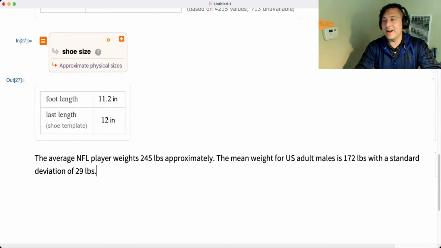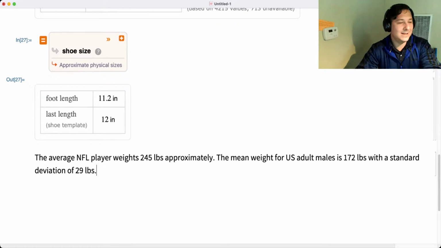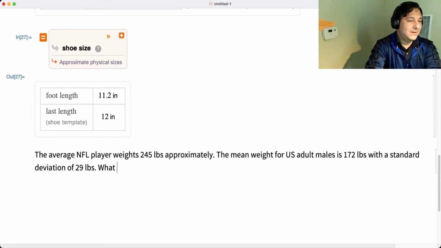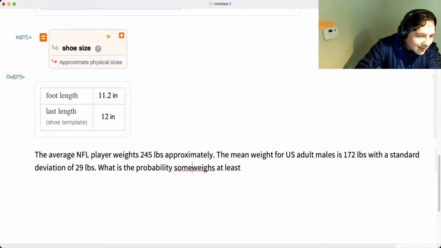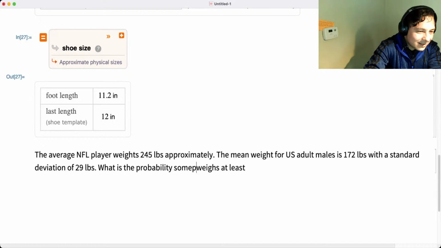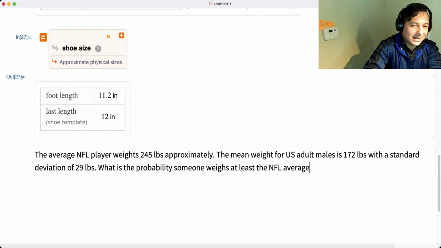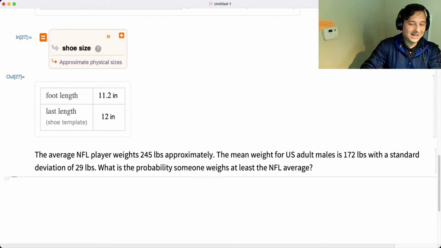So let's figure out what is the probability someone weighs at least the NFL average. So you can go here and you get probability.